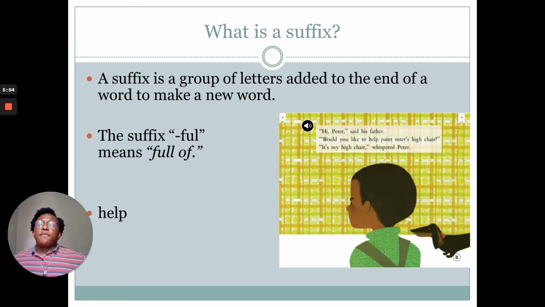But when we have the word help, and then we put the suffix full at the end, what word do we get? Helpful. And so helpful means full of help.